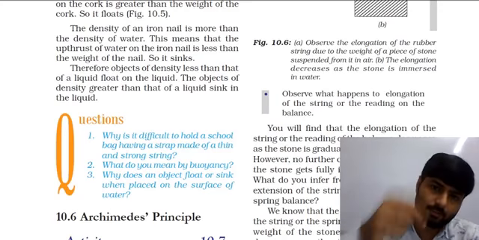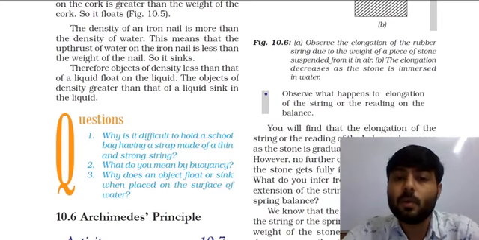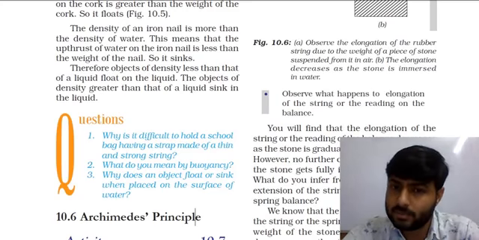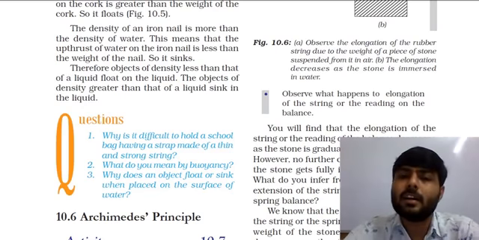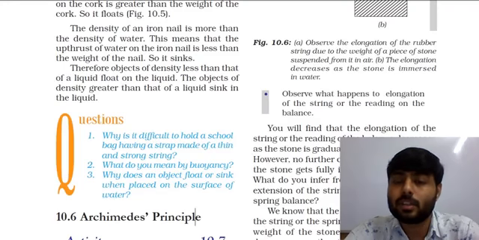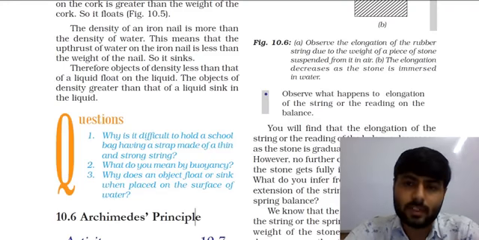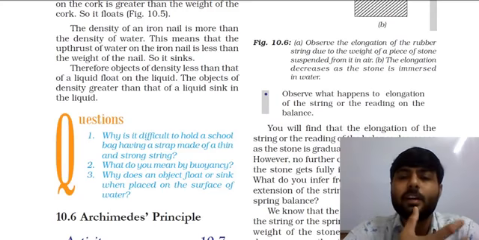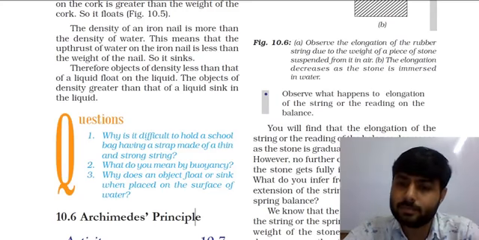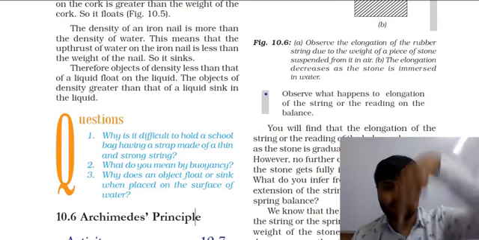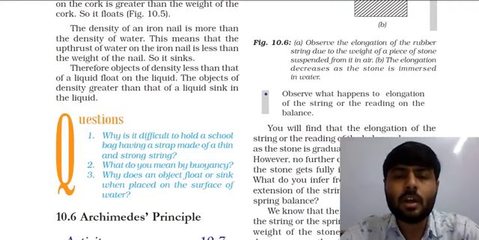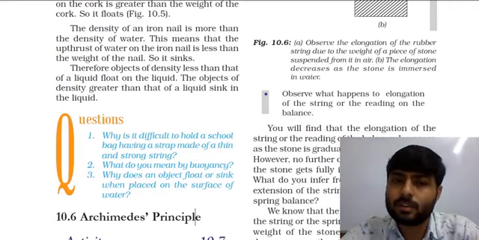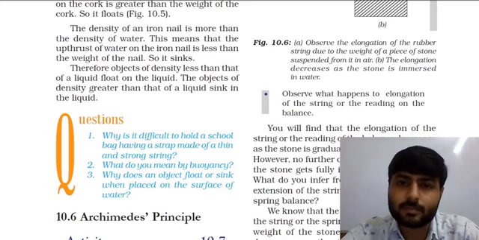One is the gravitational force, which is due to the weight of the substance and acts vertically downward, and another is the upthrust or buoyant force, which is due to the liquid or fluid in the container. So we have one force downward and one force upward. For finding the net force, we have to subtract one force from the other.